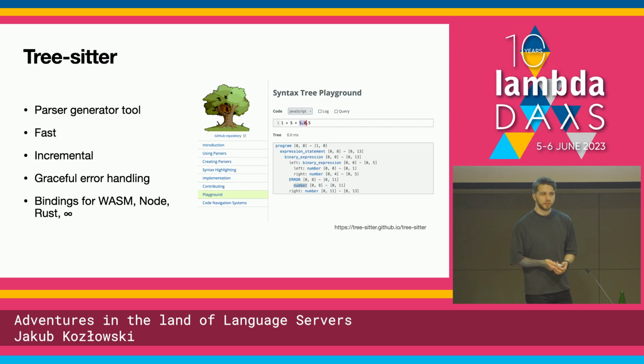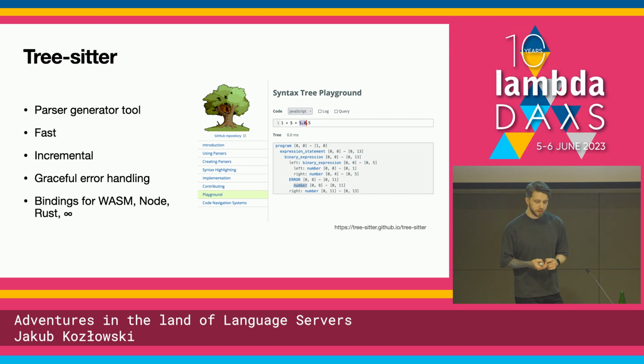One of the things you can use to make this easier is TreeSitter. It is a parser-generator tool. It generates parsers in C, but stay with me. It's fast, it's incremental, so when you have a previously parsed version of the file, you can just say this range has changed, and it will do a very quick turnaround of producing the next version of the whole parsed tree, which works nicely with the LSP if you have incremental changes enabled.